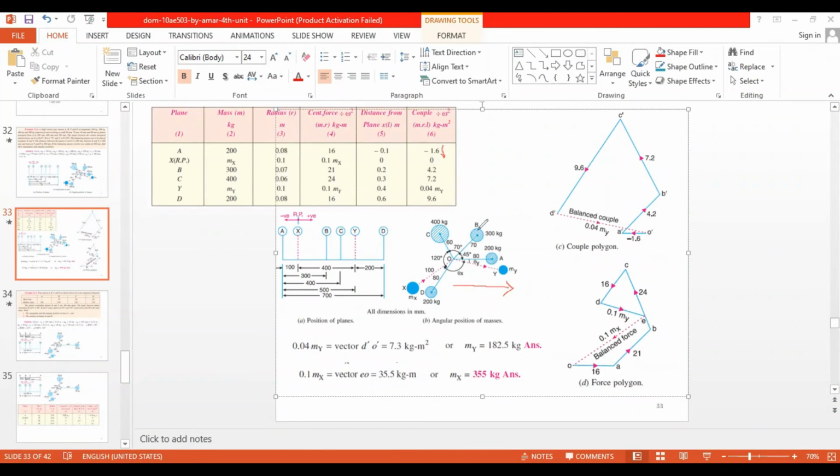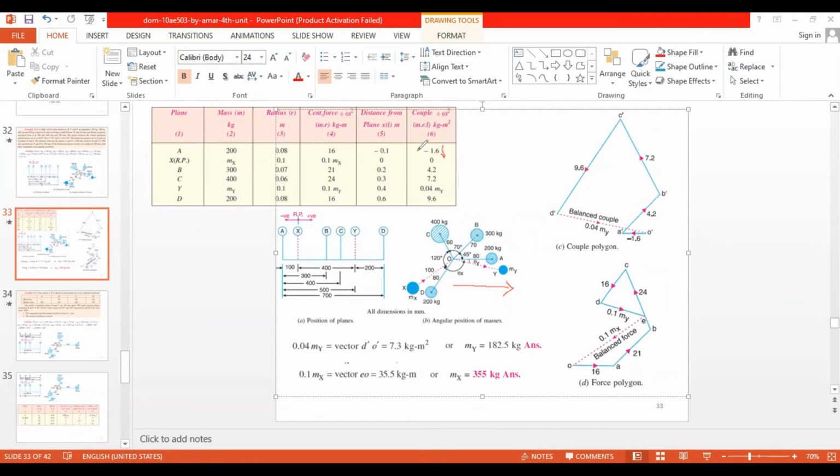I have AB. This angle is 45 degrees with A, so I will draw parallel to this. X I didn't draw because that is 0, no problem. So 45 degrees at A with B. Since this is positive direction and this is going that way, I will take it in the same direction.